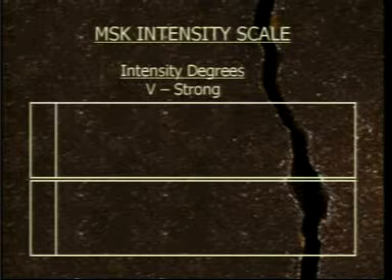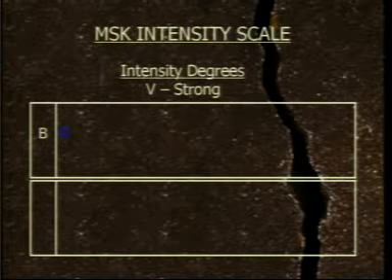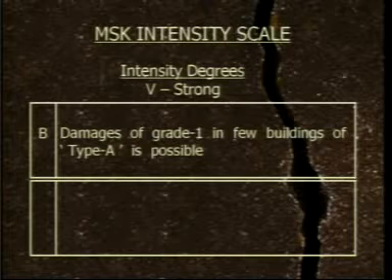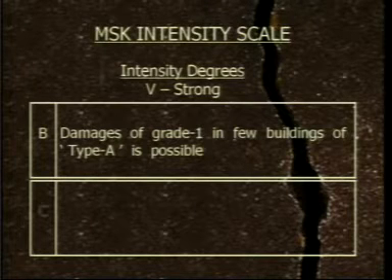And since it is the strong intensity, we find that in the B category, damage of grade 1 in a few buildings of type A is possible. Now onwards, we will see the predefined types of the buildings and the grades.